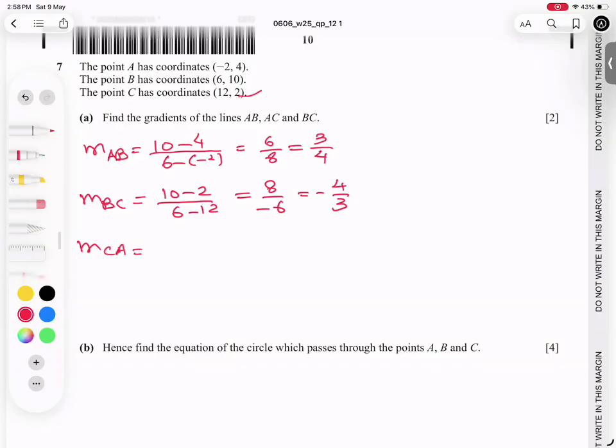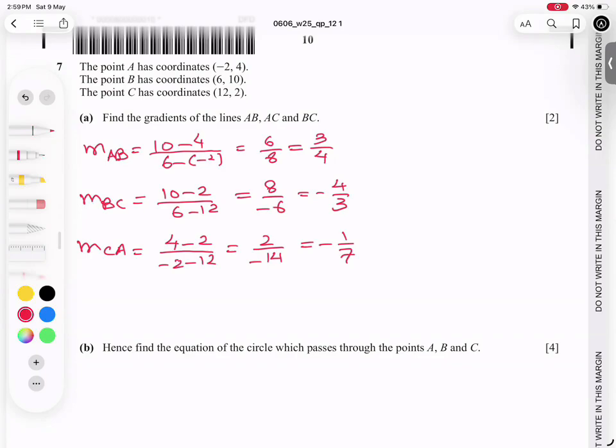I'm using the last one, the first one. So 4 minus 2, negative 2, negative 12, so I got 2 over negative 14, which is negative 1 over 7. Let me check once again. 4 minus 2, yes, negative 14 and 2. Correct, okay. So now students, this is done.